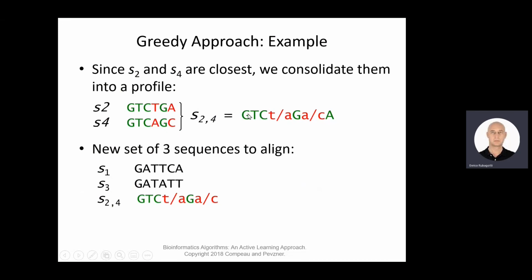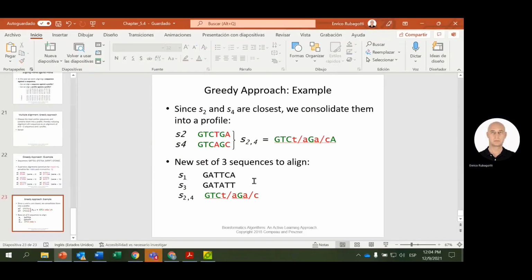In this case, the consensus is G, T, C, T or A, G, A or C, A. And now I'm going to align against 3 sequences, S1, S3, and the sequence common to S2 and S4. And this presentation is concluded. Okay.